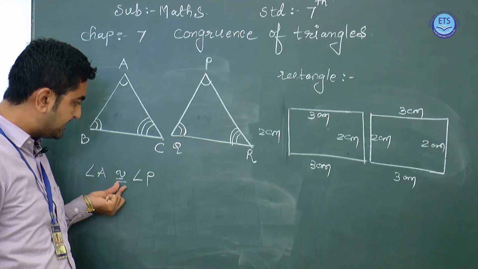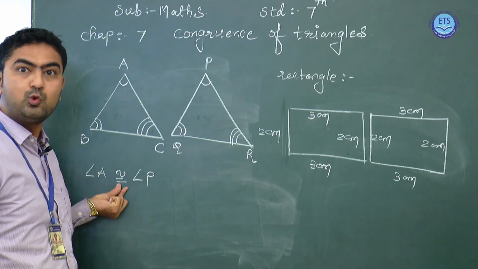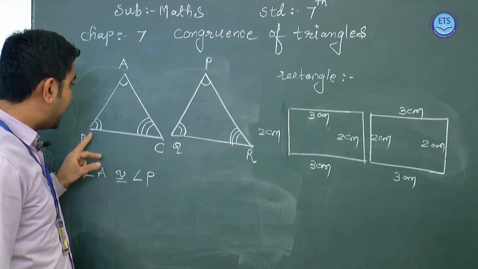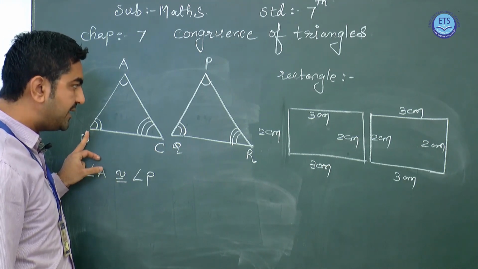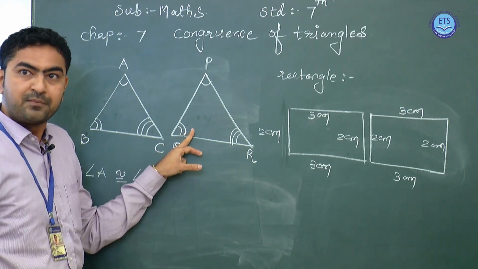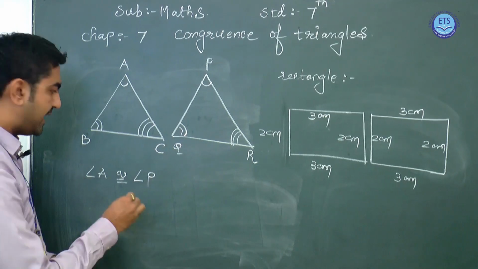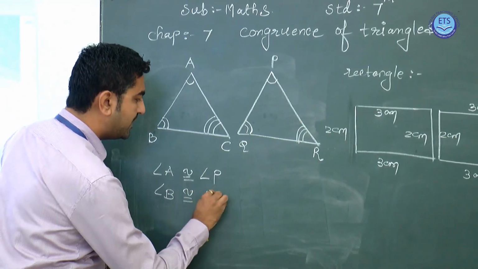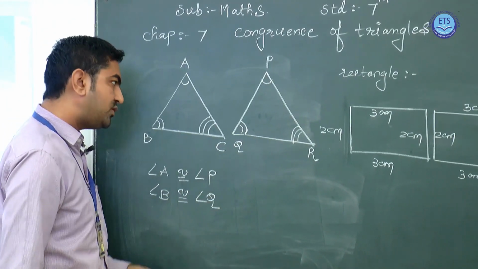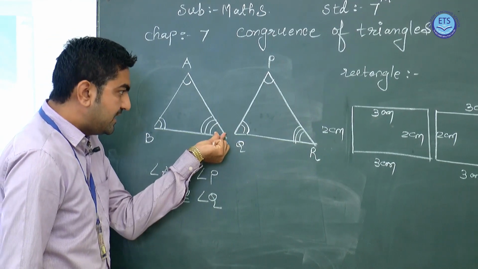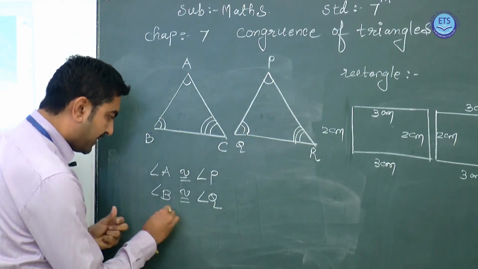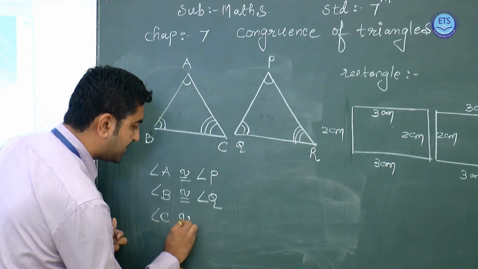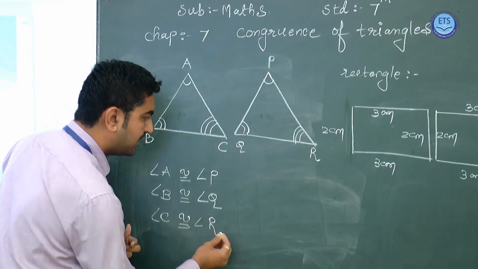Now angle B corresponds to angle Q, so you should write angle B is congruent to angle Q, and the third, angle C is congruent to angle R.